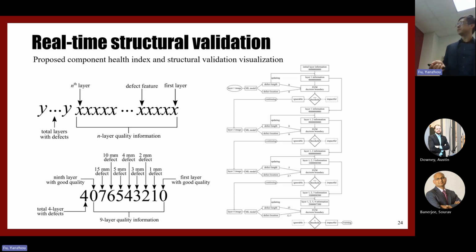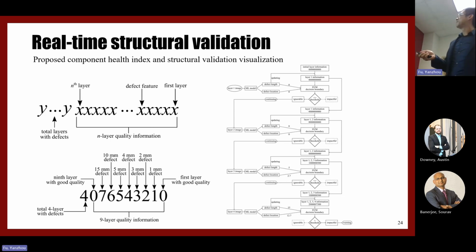You can see the first layer has good quality, so there is a 0, and the 1 here means the second layer has a 1 millimeter defect, and so on. The 4 here is the total of 4 layers with defects. So we use this component health indexer to indicate every layer's product quality.